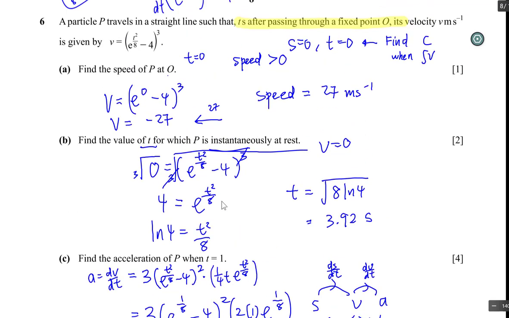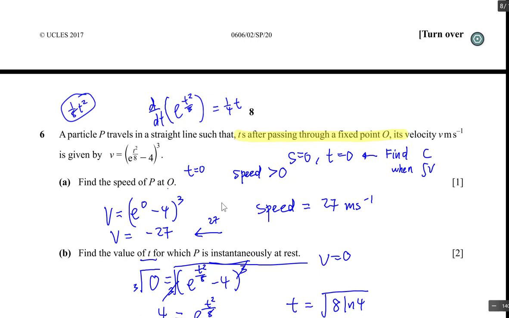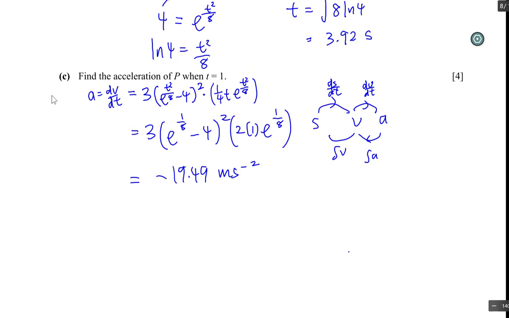You get it, right? You differentiate the power at the front, and then you copy the whole thing. This is what happens after you differentiate. Differentiating t squared over 8 should give you 1 over 4t, not 2t. This is the reason why I double check my answer. So therefore this one will be 1 over 4.